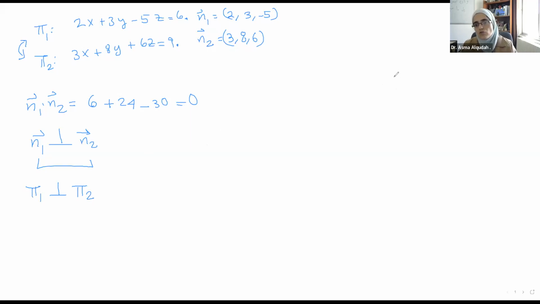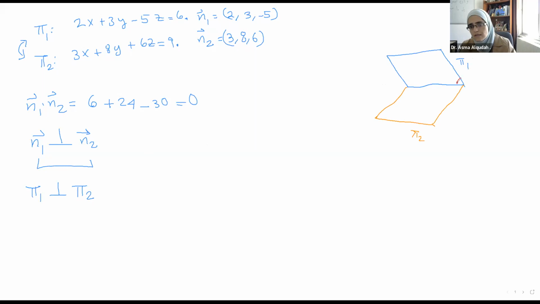Let's look at these two planes. This is one plane, plane pi 1, let's say, and this is plane pi 2. Let's say these two planes are perpendicular to each other.